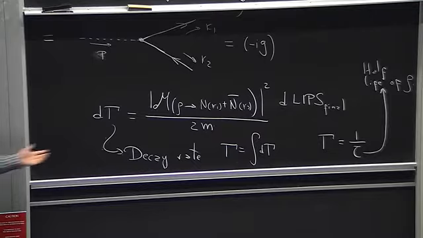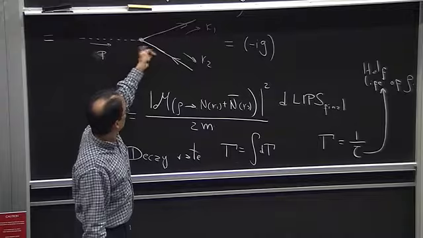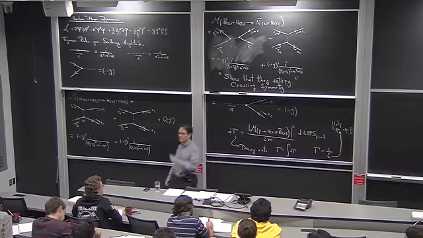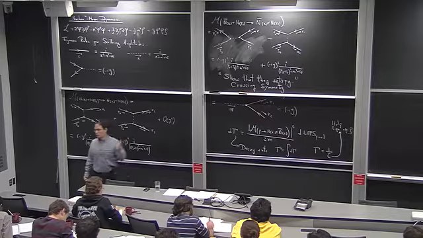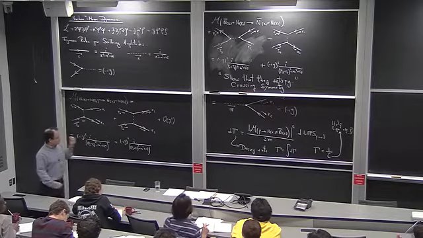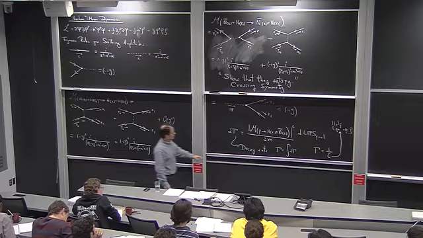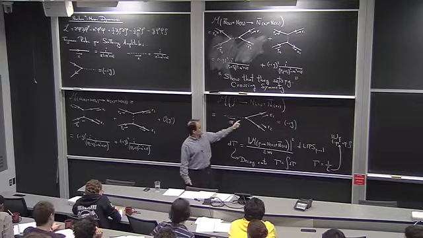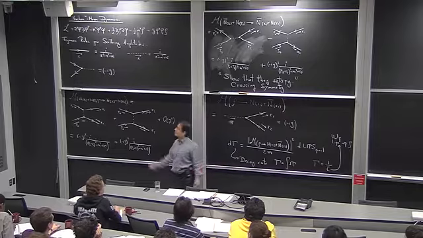Now, is this always true? Can we always, every time that we have a cubic interaction, pretend that this guy decays into two objects? It shouldn't be true, right? Because that doesn't sound quite intuitive. When do you think this process should be allowed? Look at the Lagrangian.